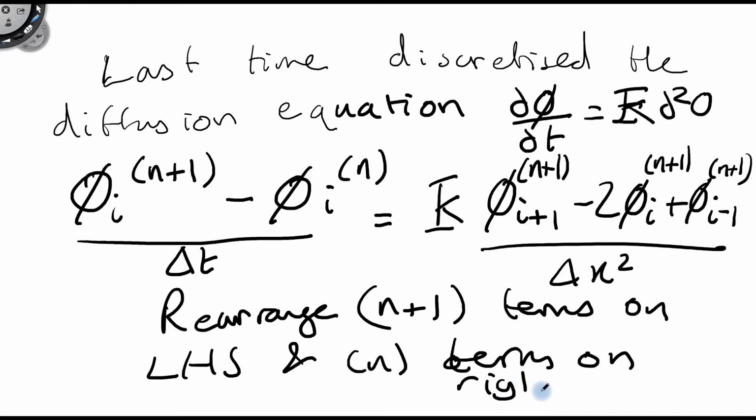n terms on the right. By the way, there's a reason we've made this implicit. It's for numerical stability. If we didn't make this implicit, if we put this at step n, it wouldn't work actually. For it to be numerically stable, we need to make it implicit.